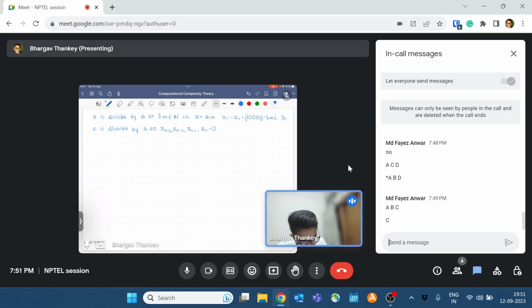And here's a circuit to check this. You have an AND gate at the top and four NOT gates. These take as input xn minus 3, xn minus 2, xn minus 1, and xn, and you completely ignore everything else.